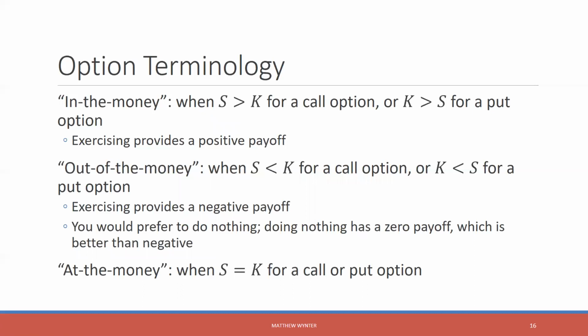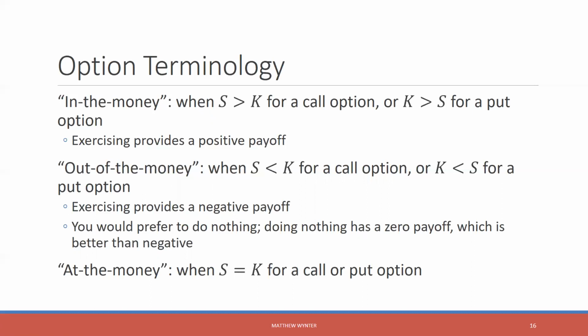So it's in the money if it's profitable for me to use it. For the put option, it's the exact opposite. Remember, you want to sell high. So if the strike price is above the value of the stock for the put option, then we say it's in the money. At the money is when they equal, and out of the money is when it's not profitable.